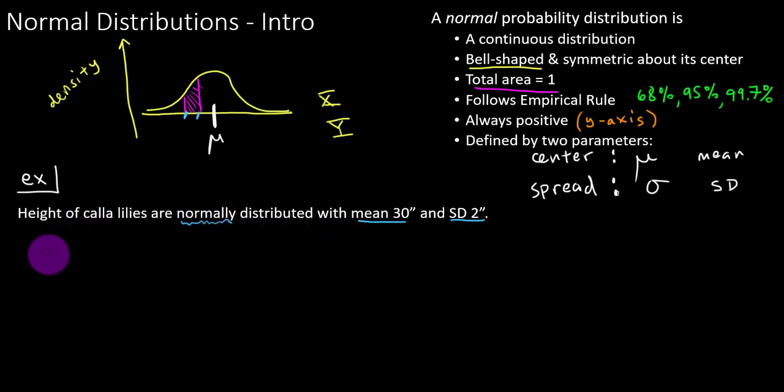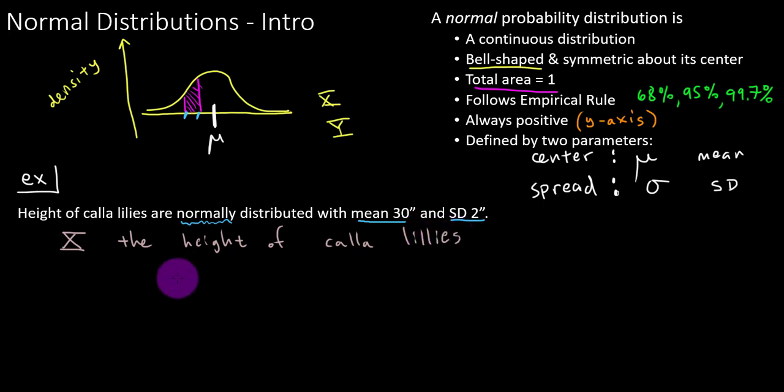And certainly we can write the sentence every time, but we often shorthand this. So for one, I'm going to shorthand our variable. I'll use the letter X today. X is going to represent the heights of these plants.